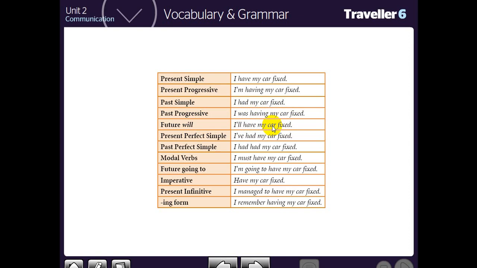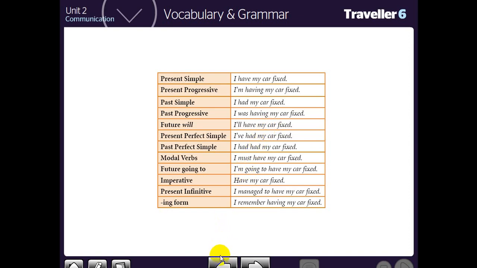So, the causative form in English is the form which we can use to express that something happened for us and we didn't do it ourselves.